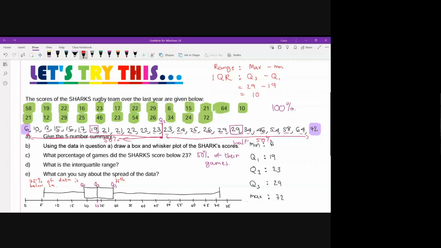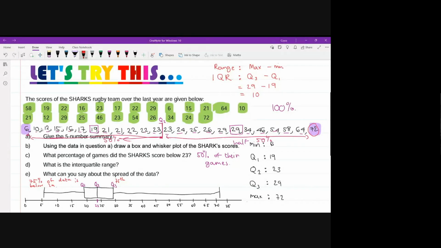I get it is a little bit confusing, but I just want to double check. Thumbs up. Does everybody agree with me that most of the data is sitting on the left according to our box and whisker plot? Yes? Okay. Which means that the Sharks getting a number in the 70s, like scoring 72 points in a game, is a rare occasion.